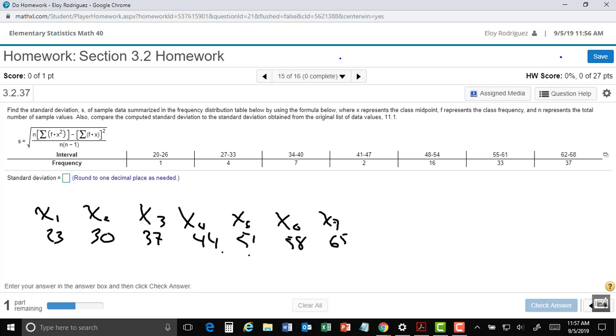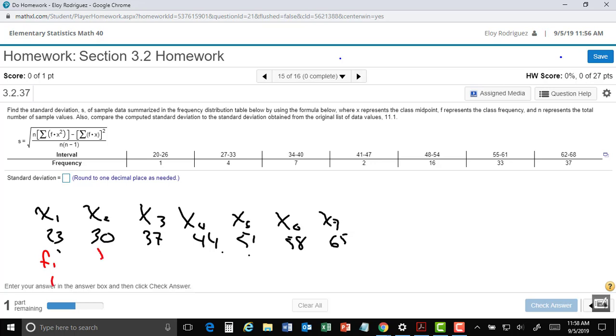Now I have this. Now my frequency, I'm going to have f sub 1. Let me do that in a different color. Can you tell me what f sub 1 is?